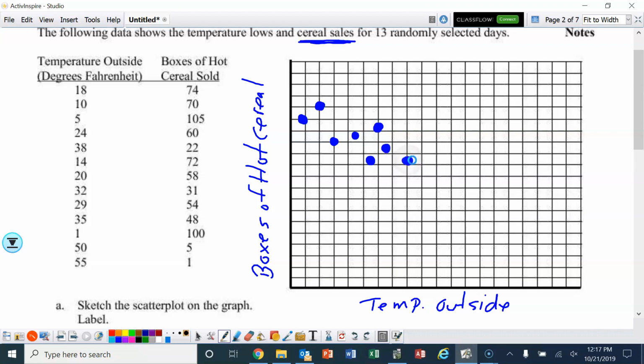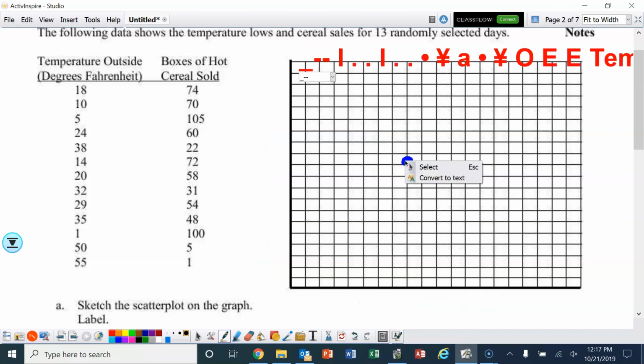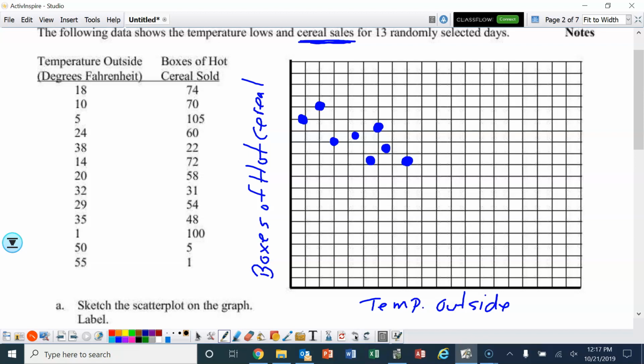Hopefully it's not too far off. Okay, something like that, as long as it's pretty close.